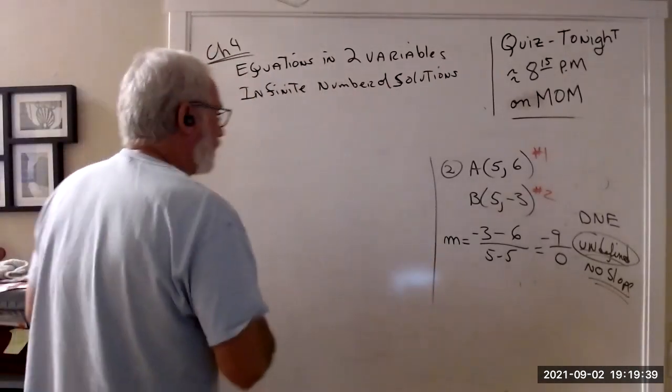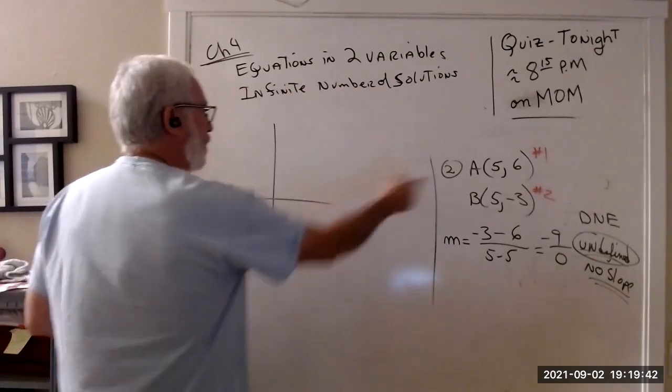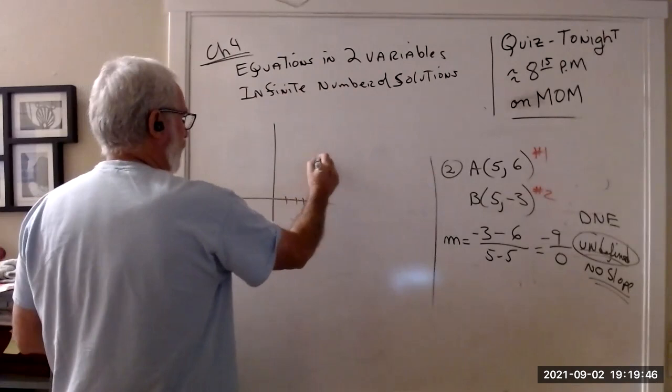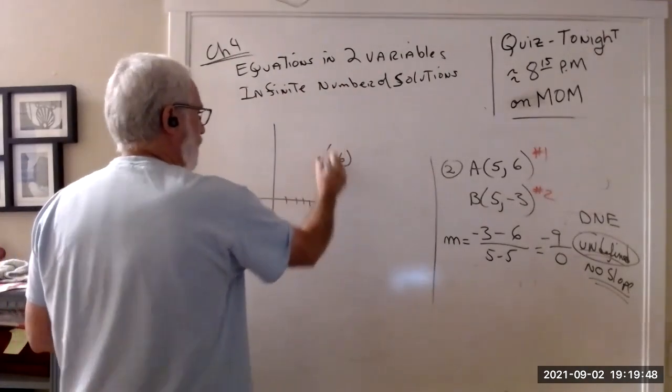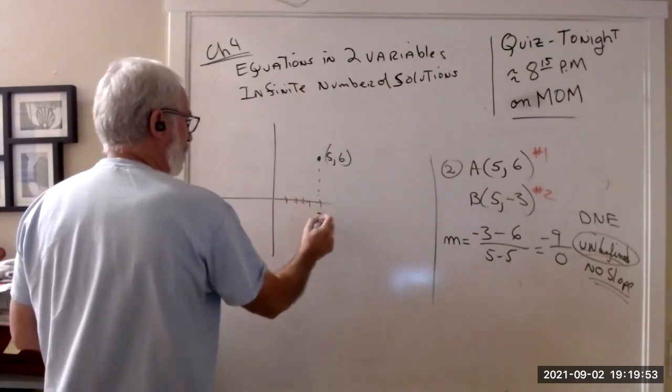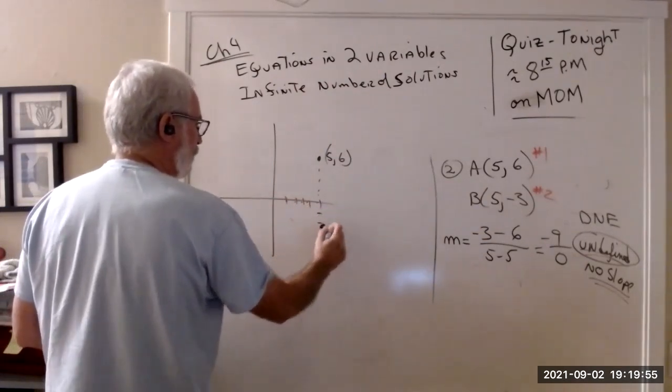If I plot those points, 5, 6, and then 5, -3, close enough.